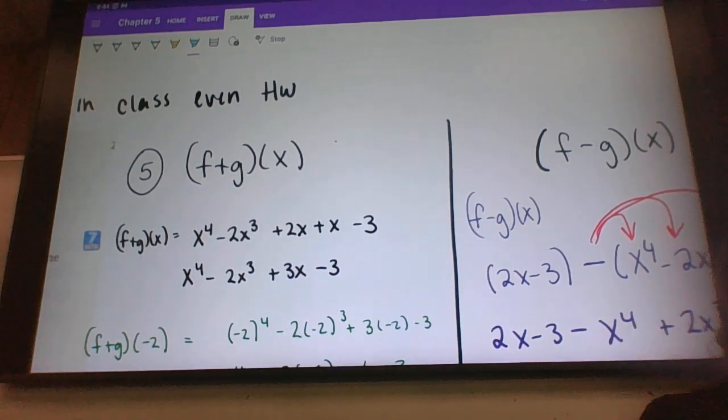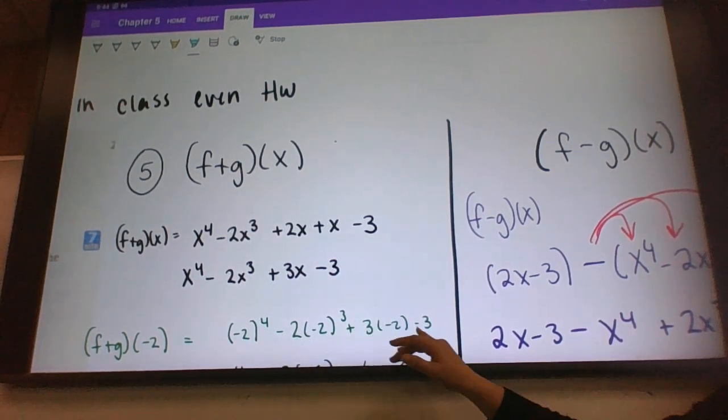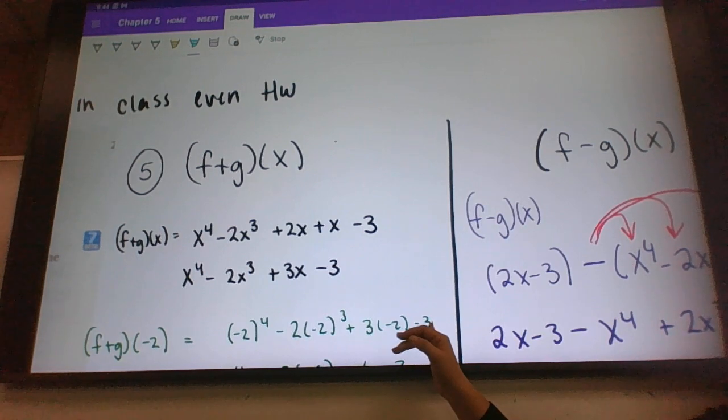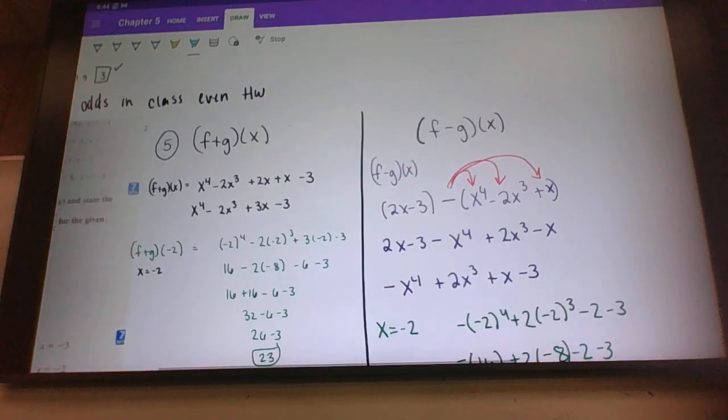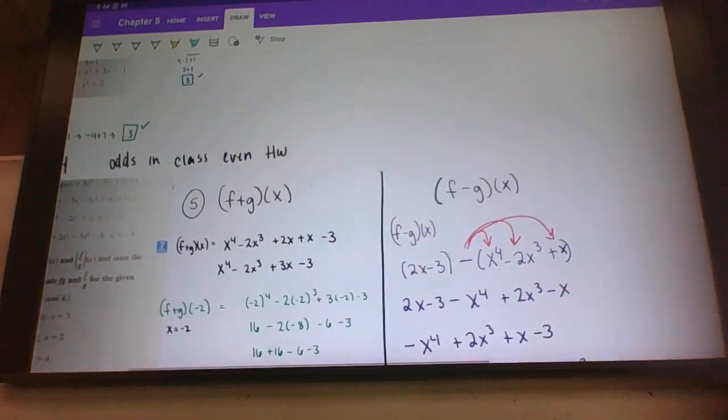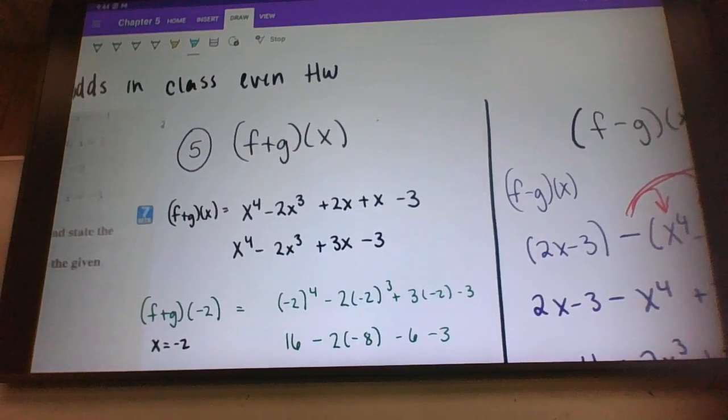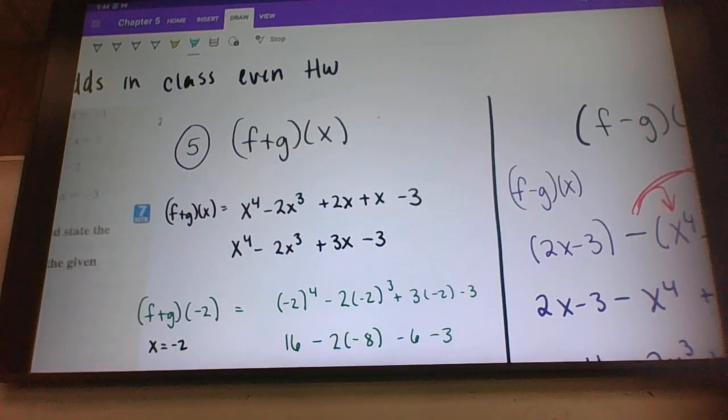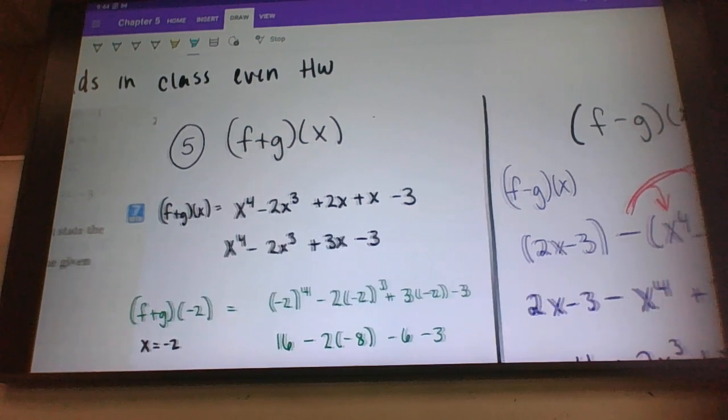And from there, I really want you guys showing work. You can put all this into your calculator, hit enter, and get a number out. You can use that to check, but you need to show work as you go through. The first time I did it, I got 27. It was wrong. So be careful. Wrong as well.